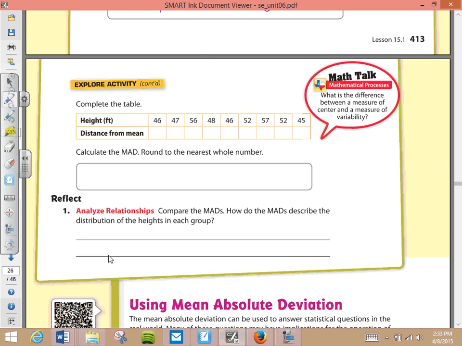What is the distance for this one? 2, 4, 2, 7, 2, 5. So, no, it's just the number, the points away from the mean. That's it. It's not negative or positive. Just the points away from the mean. And how do you find the mean? What do you get when you add them all up? And then you divide them by what?